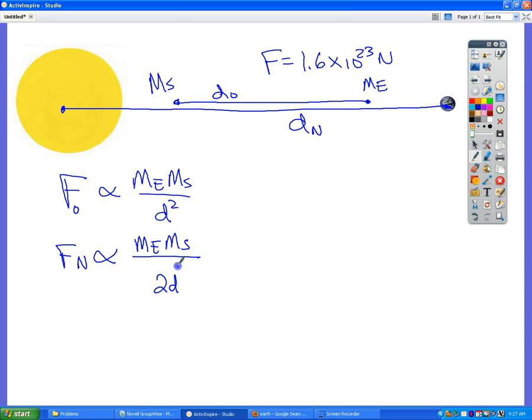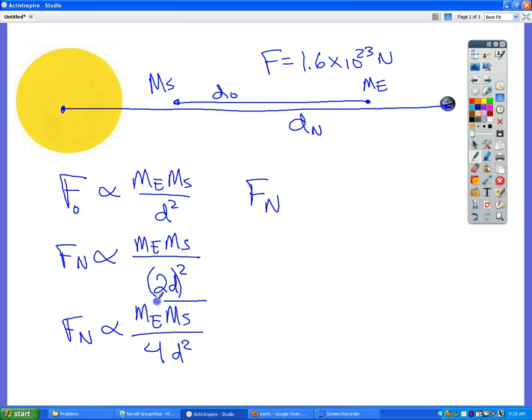So 2 times the distance squared, and we have to square both things. We then would find out that we end up with the new force is proportional to the mass of the Earth times the mass of the Sun, all divided by 4 times the distance squared.